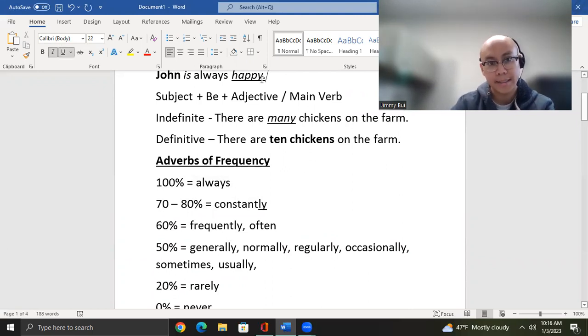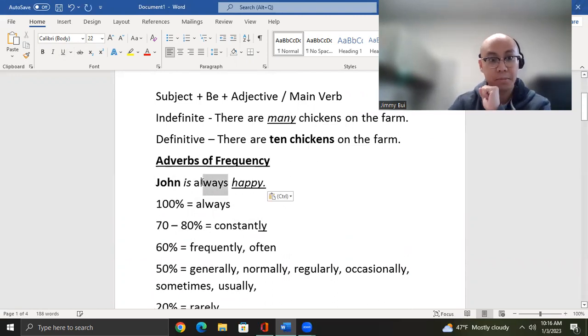So when I take this sentence and I say John is always happy, this is my opinion. It's not something that can be measured exactly. When I see John, he is always happy. That's my opinion, whereas another person may know John as always upset.